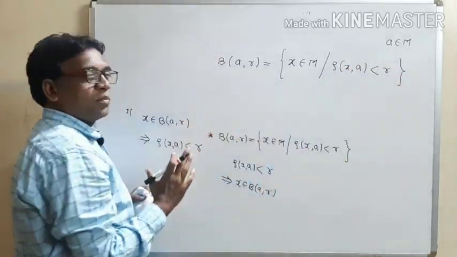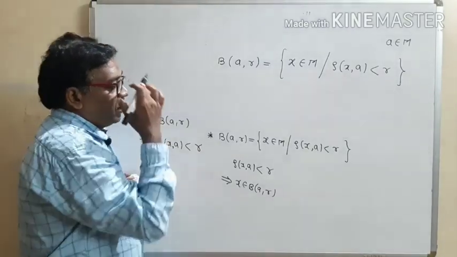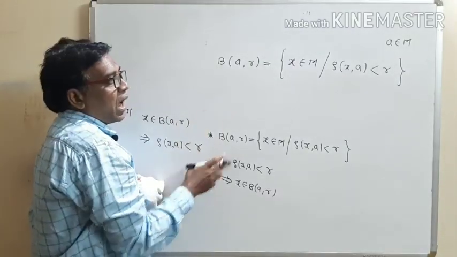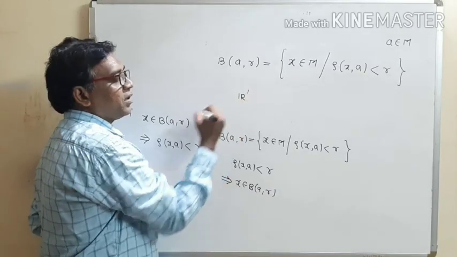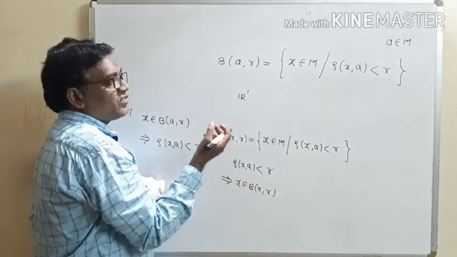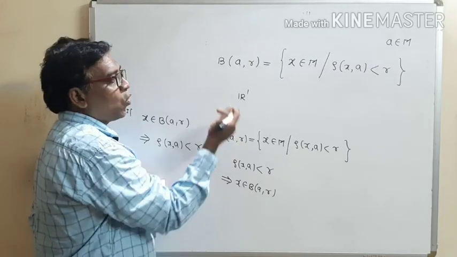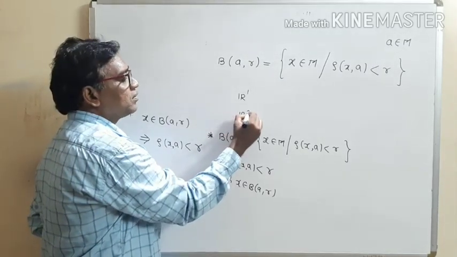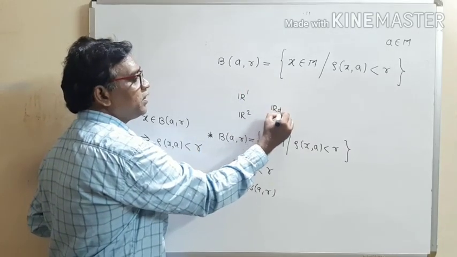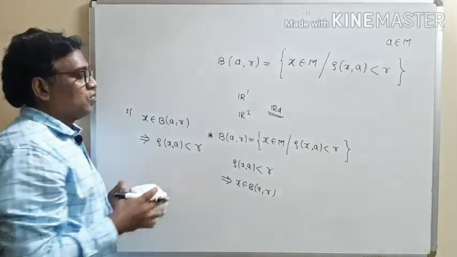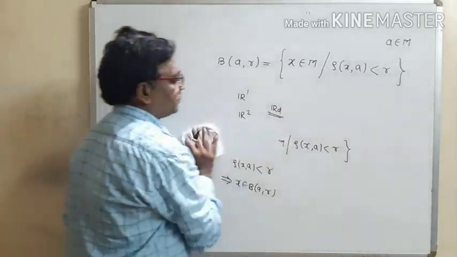So let us check how the open sphere looks in the set of real numbers, in R2, and in different metric spaces. Let us take one example.